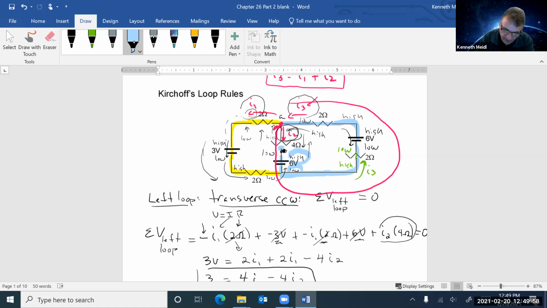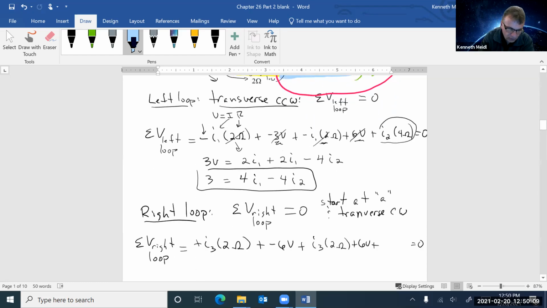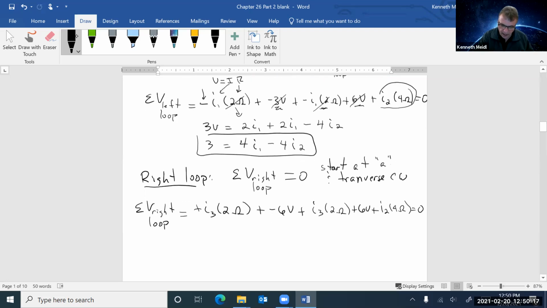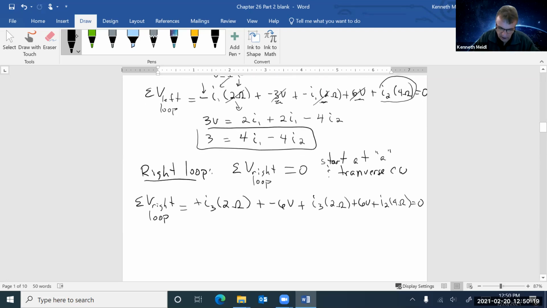And I cross it, I find that they haven't yet been slowed down, so they're going faster. That's the high energy side. So that's a plus sign. So that's I2 times 4 ohms. And that's going around the loop, set them equal to 0.